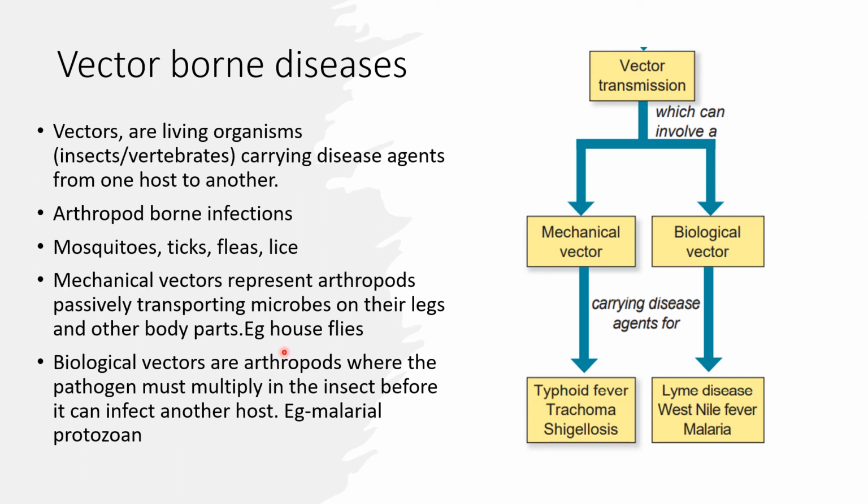For example, houseflies. What they usually do is go and sit on the fecal material. They will also go and sit on the food that you eat if you keep it open, right? So when they sit on the fecal material, they accidentally carry a pathogen which can be present in the fecal material on their legs.